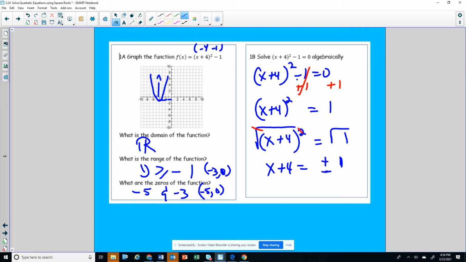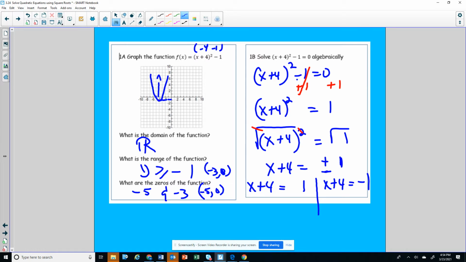I'm going to have x plus 4 is equal to positive 1, because that's one of the solutions to the square root of 1, and also x plus 4 is equal to negative 1.